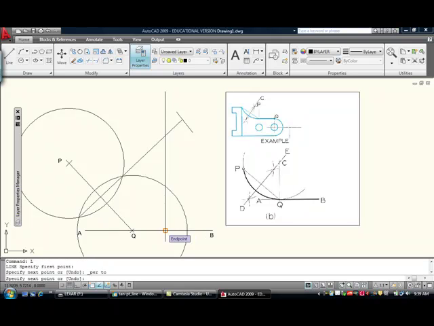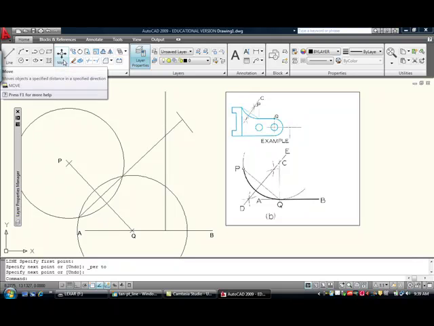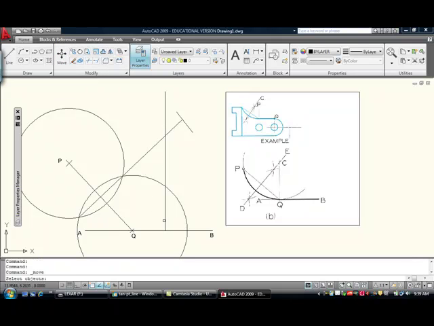Of course, it's at the wrong location, but that's why we have the move command. I can move that line from this point to the point I wanted, which is point Q.